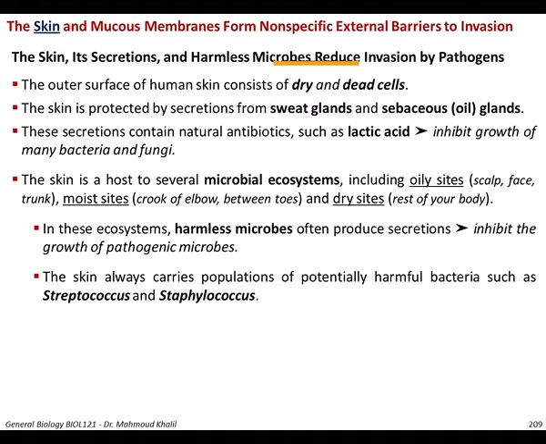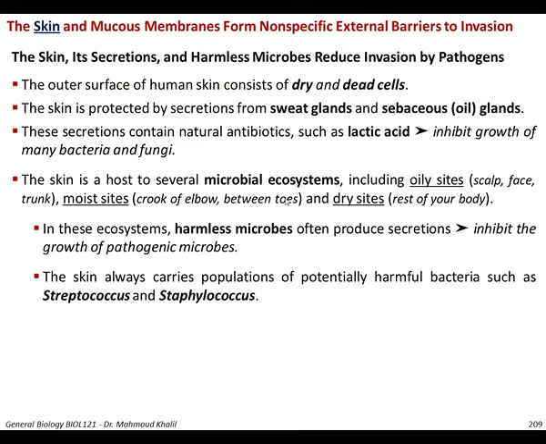You need to know that the skin always carries a population of potentially harmful bacteria such as Streptococcus and Staphylococcus. So this is actually the role of the skin.